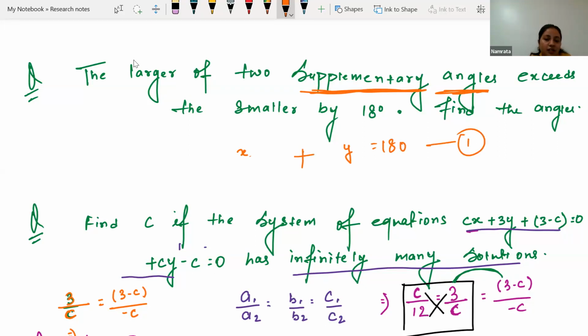And the next is given over here: one of the angles exceeds the other one by 18 degrees. If you are still confused, the word exceed means more than. Whenever you get confused with exceed, just replace it with more than. So now read it: one of the angles is more than the other by 18.